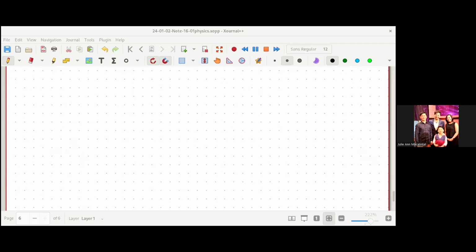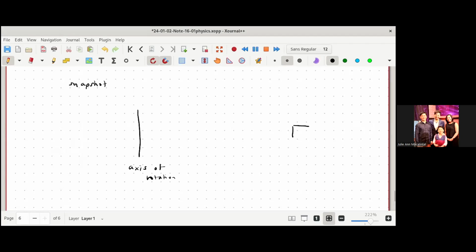So, ito yung snapshot ng kung ano nangyayari. Ito yung axis of rotation. Tapos, ito yung car.